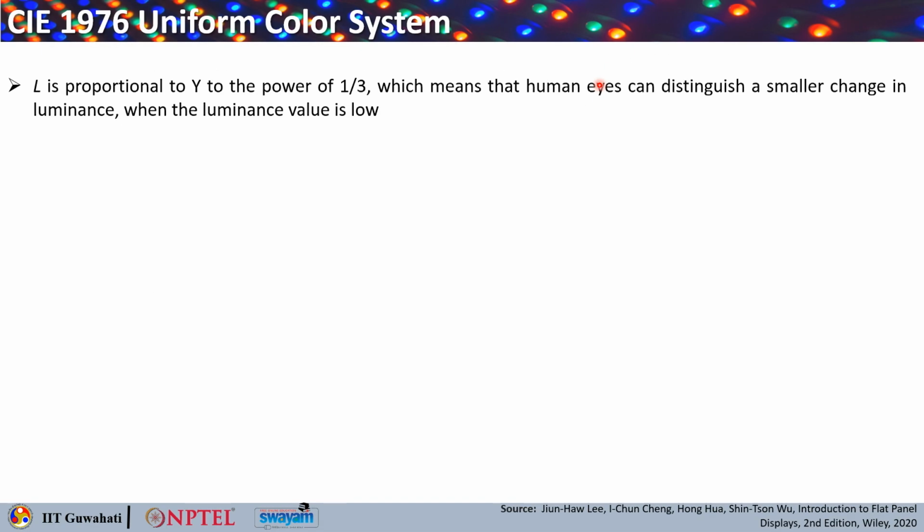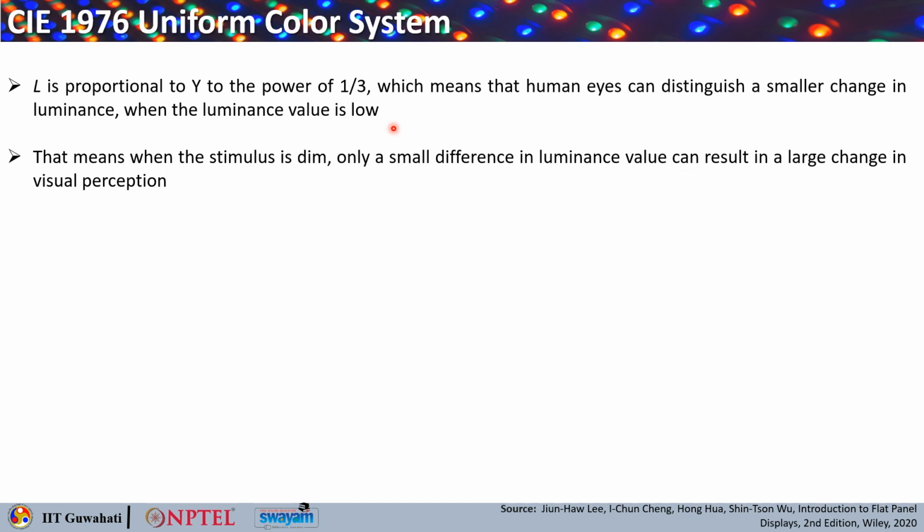Because it is to the power of 1 by 3, the human eyes can now distinguish a smaller change in luminance when the luminance value is low. This also tells you that when the stimulus is dim, only a small difference in luminance can result in a large change in visual perception.